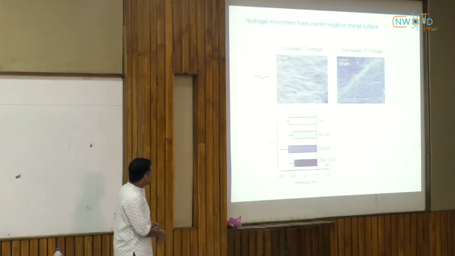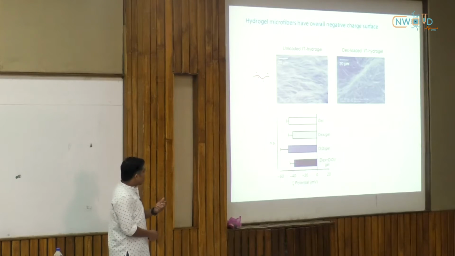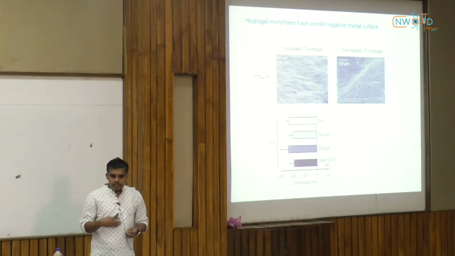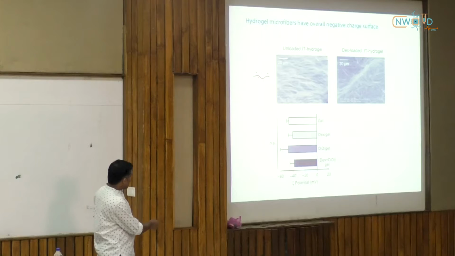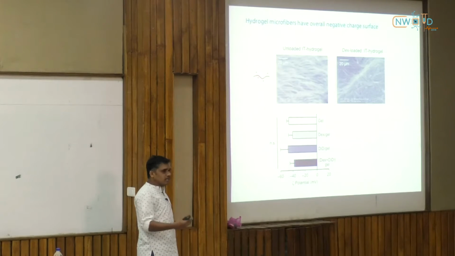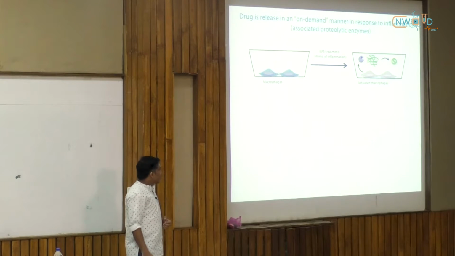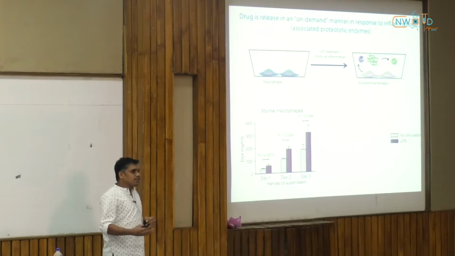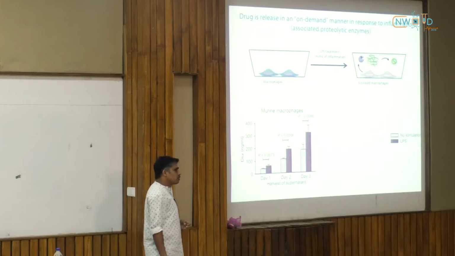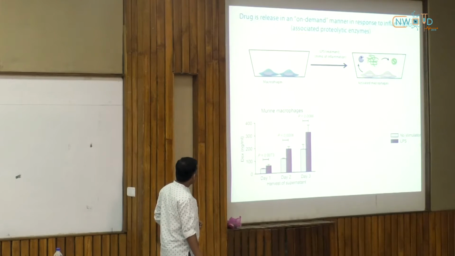As shown here, either the microfibers self-assembled alone, or in the presence of various dyes and drugs, we could see a high negative sulfate charge on these fibers, which means they might be able to bind to cationic surfaces. Again, we showed that these materials also have inflammation-responsive drug delivery ability.